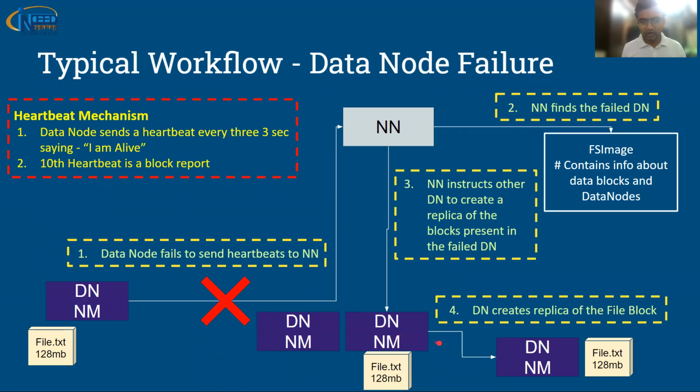Whichsoever data node is having more load, name node will instruct that data node to delete the replica, so that when we have 4 replicas, name node is making one replica to be deleted and keeping the replication factor 3 as it is. If there are fewer replicas, name node asks one of the data nodes to create an additional replica so that again 3 replicas are present. So this is how name node handles the failure of the data node also, and there is no problem in accessing the data for the client also.